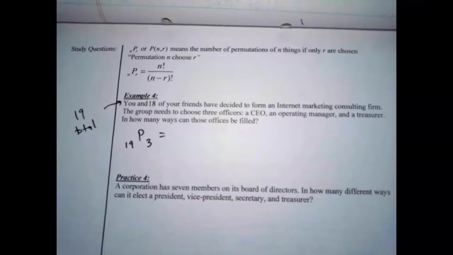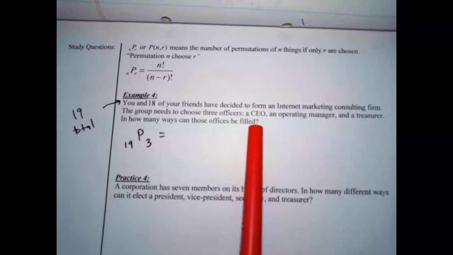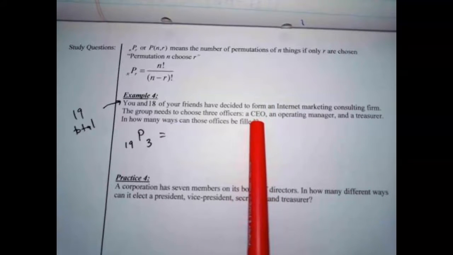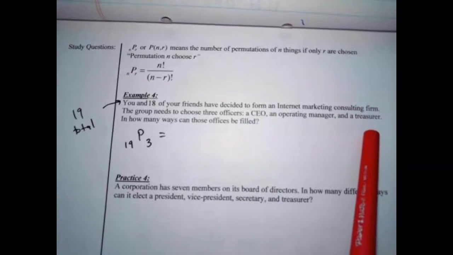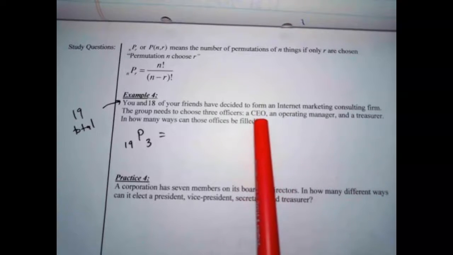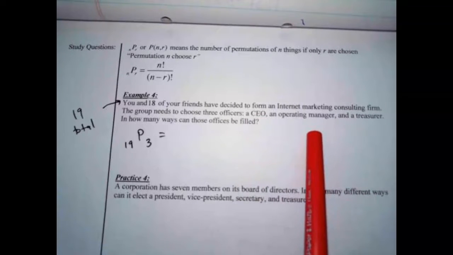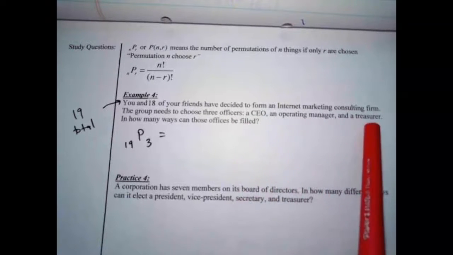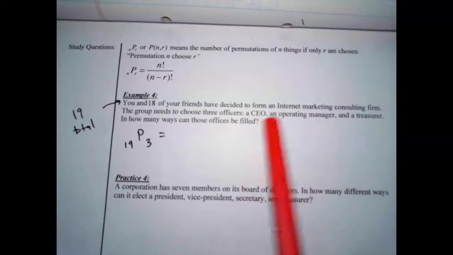And here's what it means as far as the order matters. It matters whether I get picked. Let's say I get picked. If I get picked for the CEO, my job duties aren't going to be the same as if I get picked as the treasurer. So this is an order matters situation, because it matters which of these jobs I get, because my duties won't be the same.